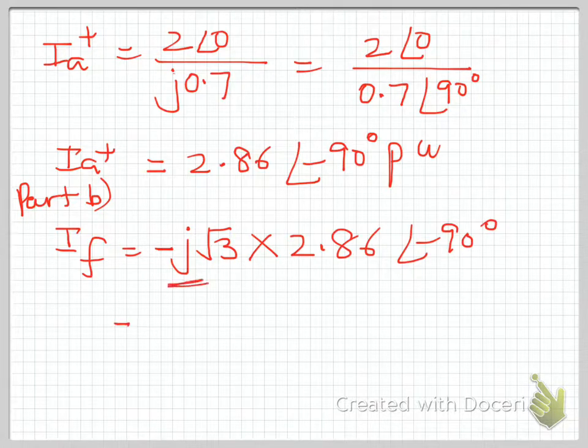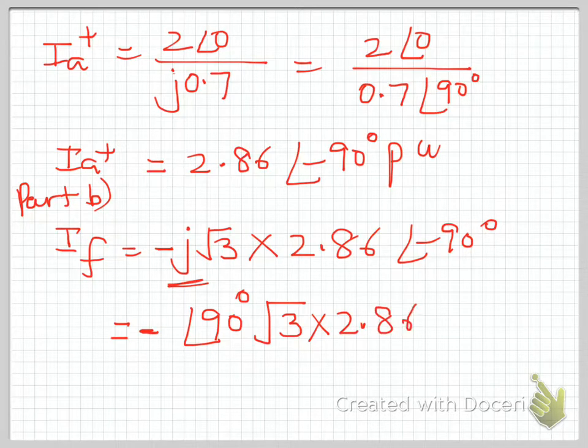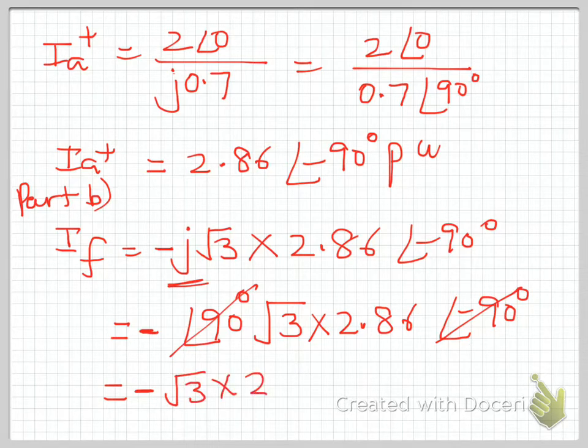Here J is again 90 degrees, so you can convert it to angle 90, square root of 3 times 2.86 angle 90 degrees. So this 90 and 90 will bring you an angle of 0. You're left with square root of 3 times 2.86, which comes to negative 4.95 in per unit. So that is your fault current.